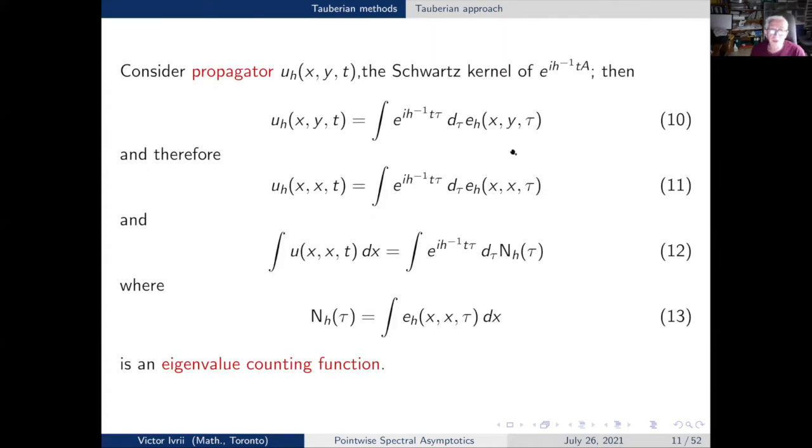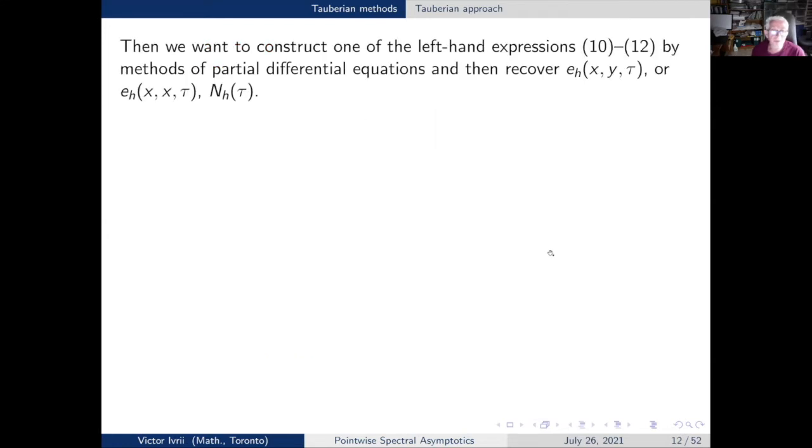So we consider the propagator. Then U_h would be given by this formula. And therefore, when x equals y, we would get this one. And if you integrate, you will get that formula, all very well-known formulas, where N_h is the eigenvalue counting function.